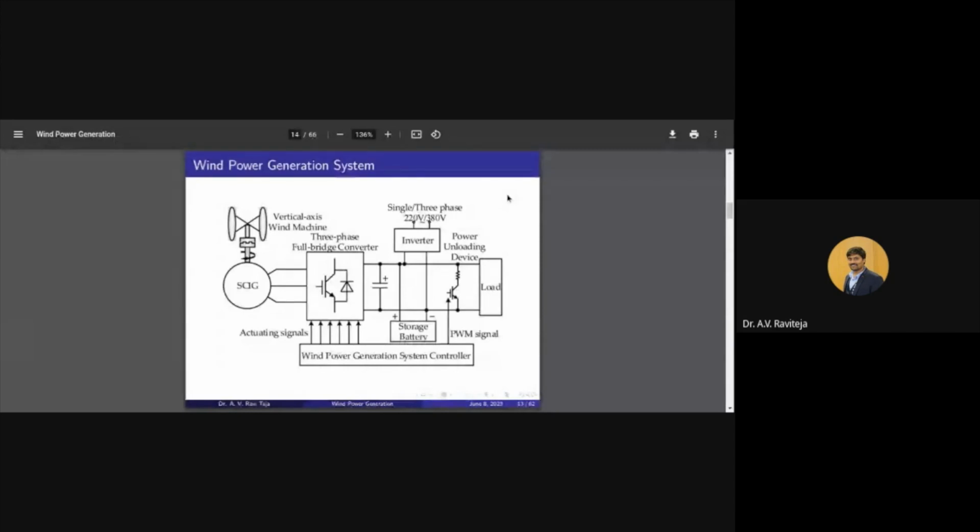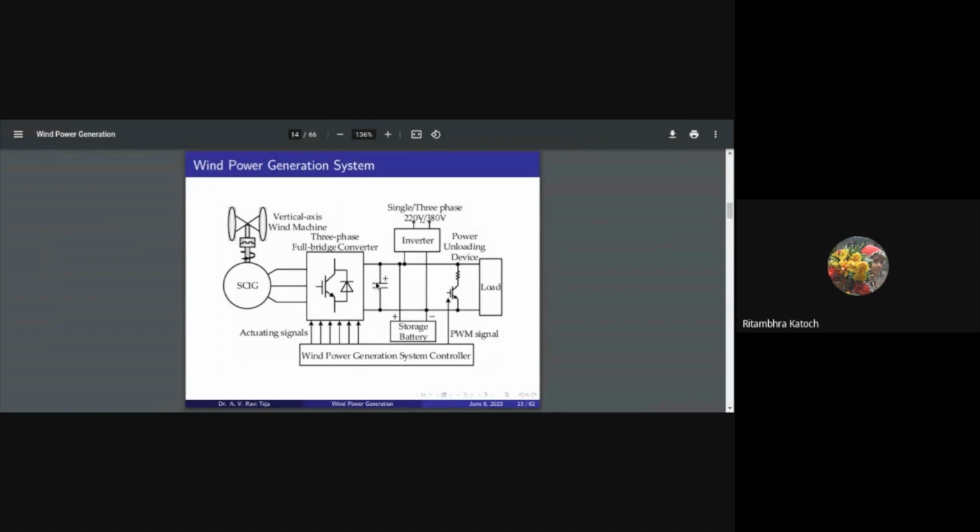If I have any DC loads, then this DC can be used directly. Sir, can you please again explain the use of the three-phase full bridge converter? Okay. So this is the interface. Why are we using it? Because AC is produced from the SCIG, and then we are using this full bridge converter just to convert it into DC.